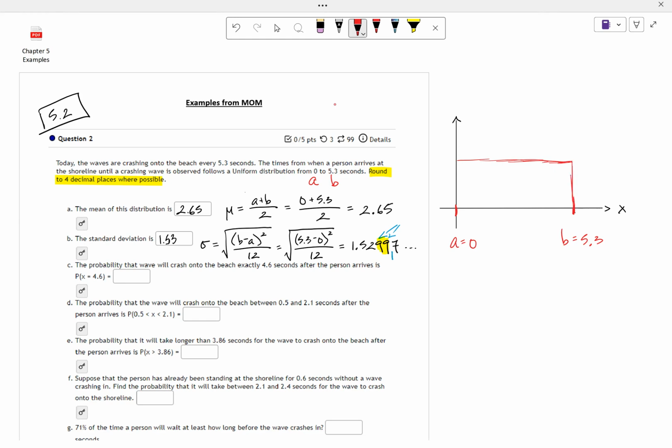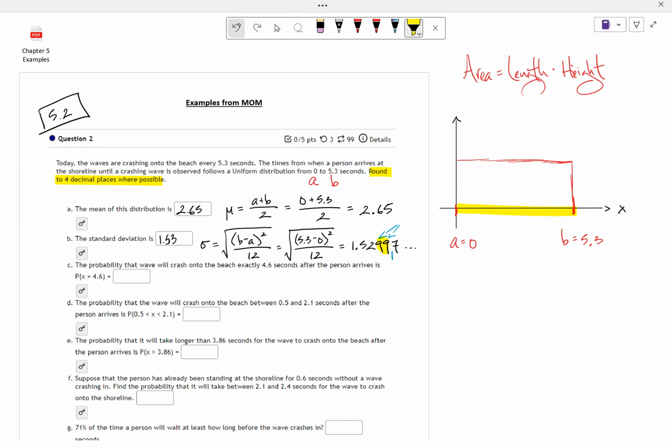When we're looking at a uniform distribution, we're really looking at areas of rectangles. As a reminder, the area of any rectangle is your length times your height, or your width times your height. It doesn't really matter how you say it.